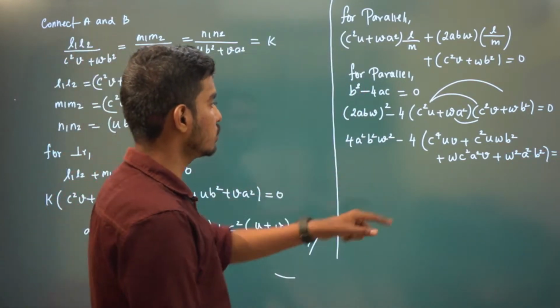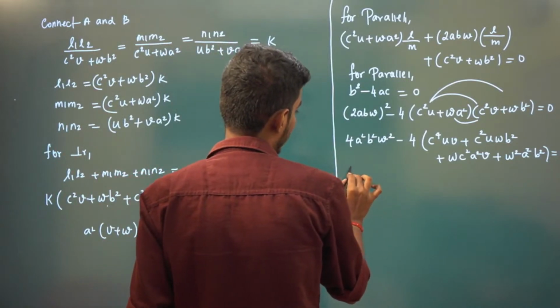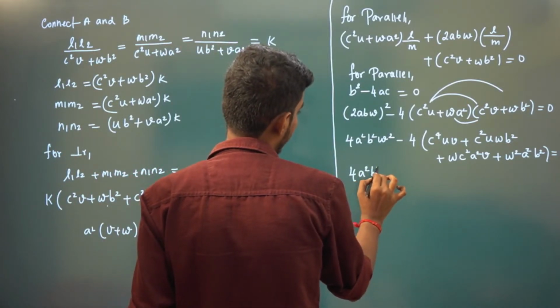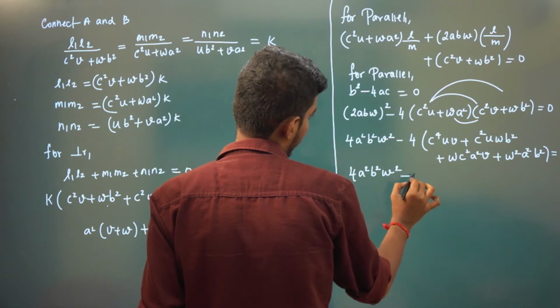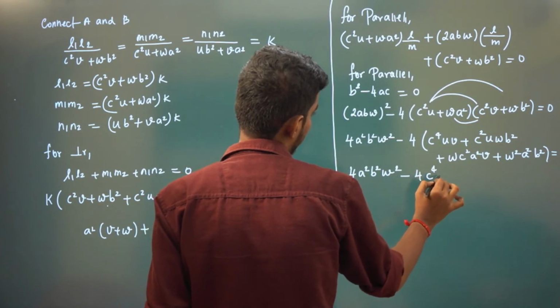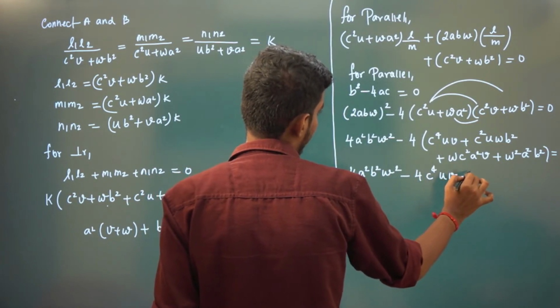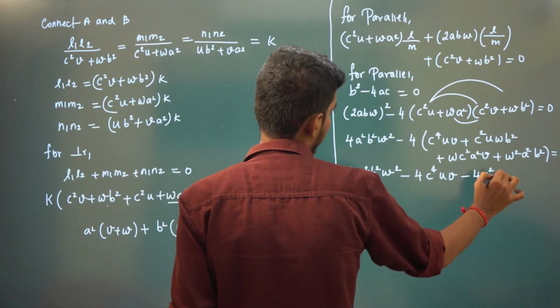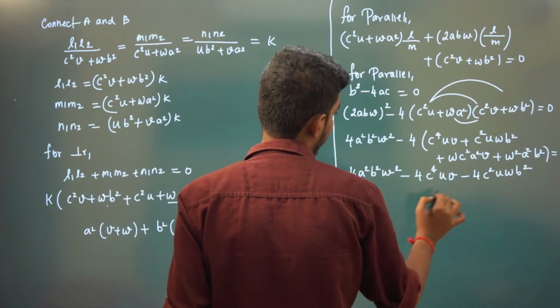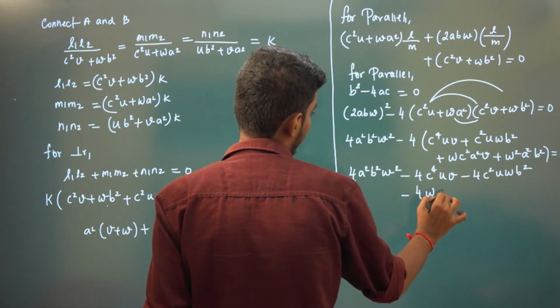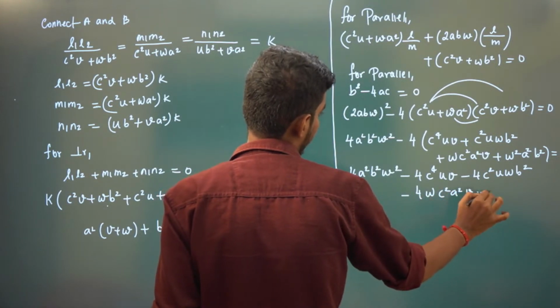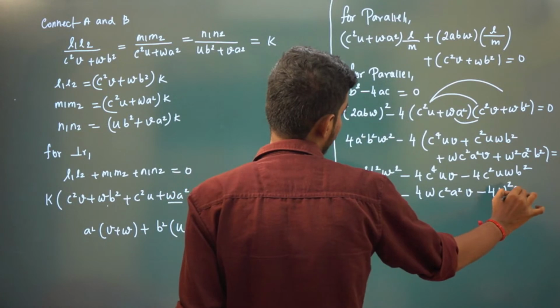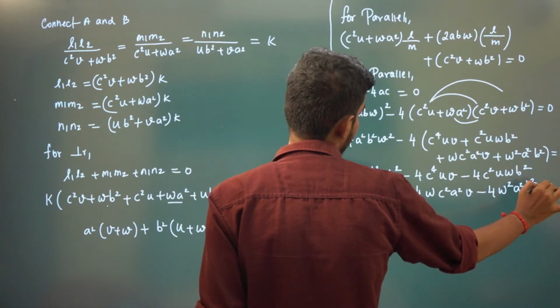Now if I multiply this 4 inside, we will have 4A square B square W square minus 4 C power 4 UV minus 4 C square UWB square minus 4W C square A square B minus 4W square A square B square is equal to 0.